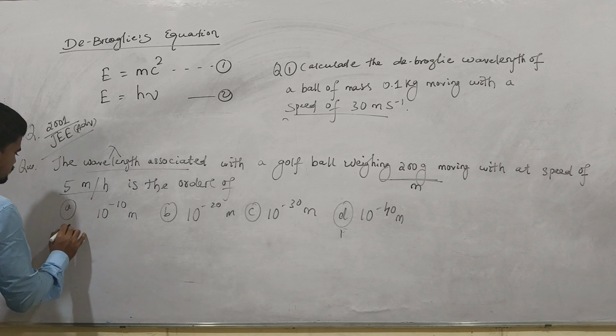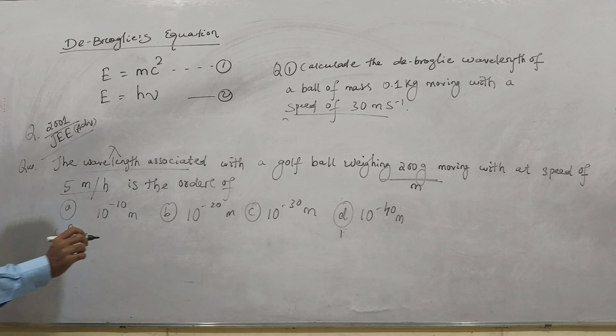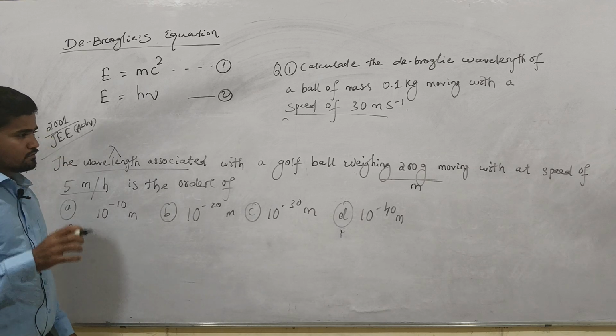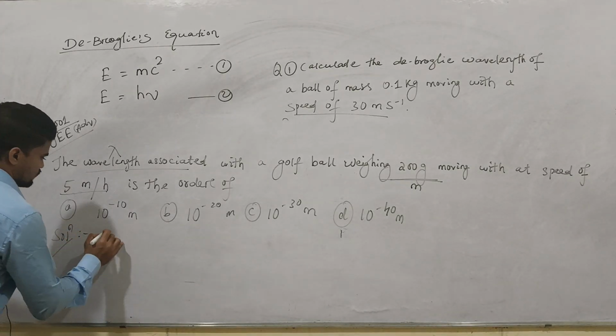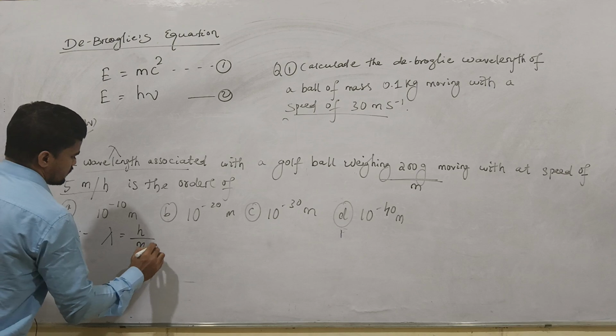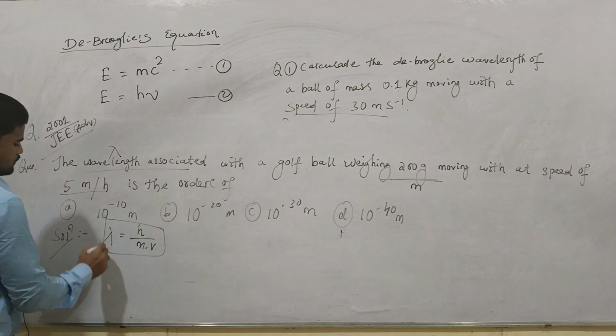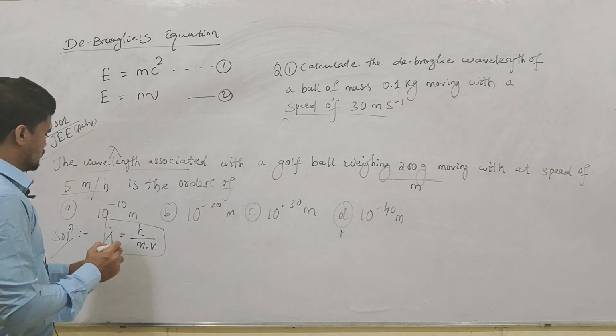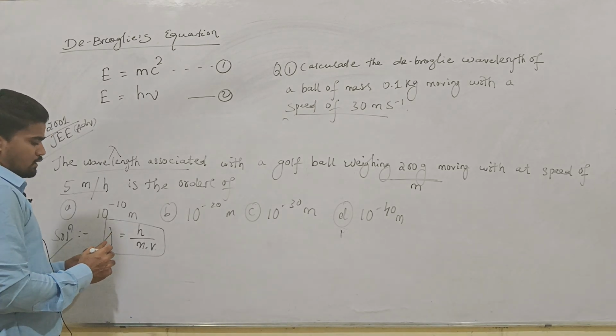So how will we tackle this kind of question? These are very easy. The formula is h by m into v, the de Broglie equation for the dual nature of matter, and we have to calculate the wavelength lambda.